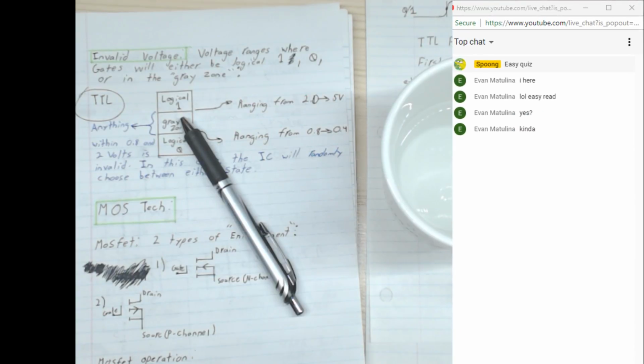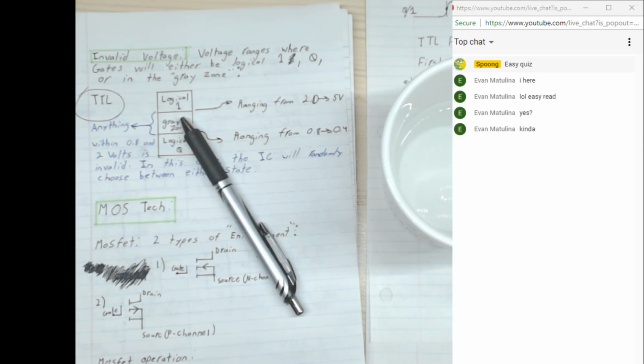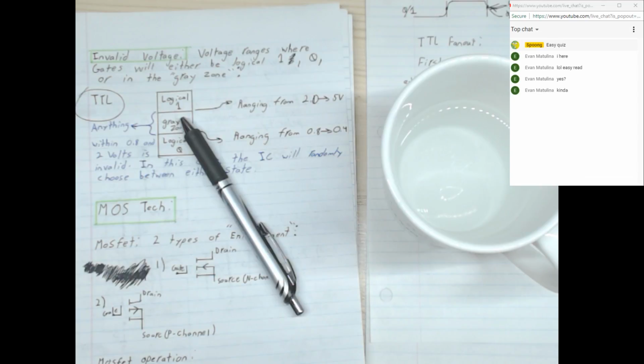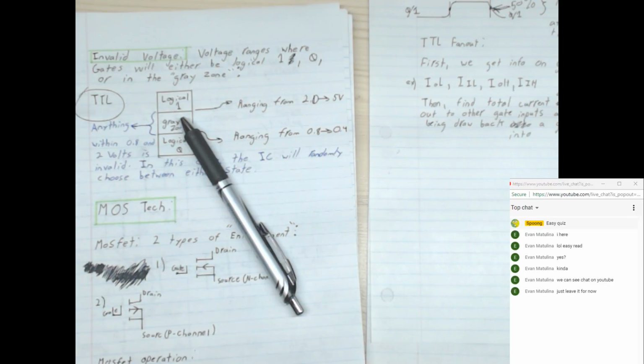Oh, that makes it harder to read. Yeah, I guess. Whatever.